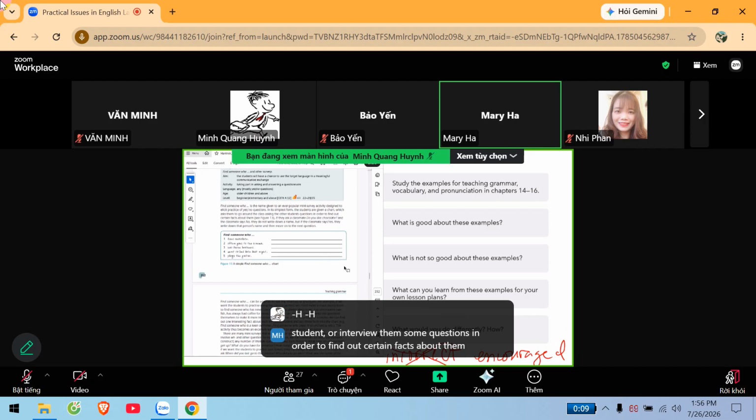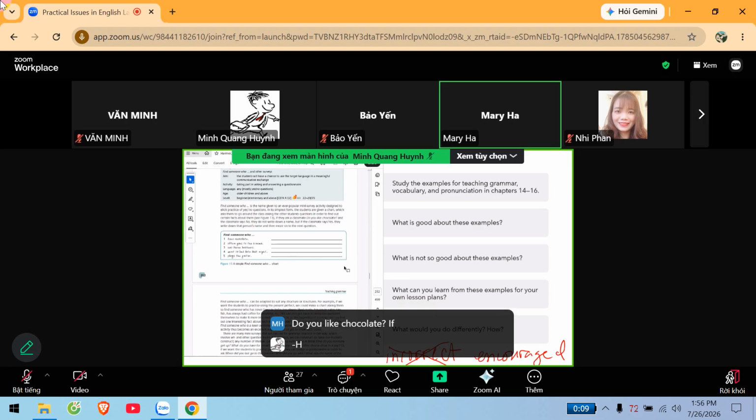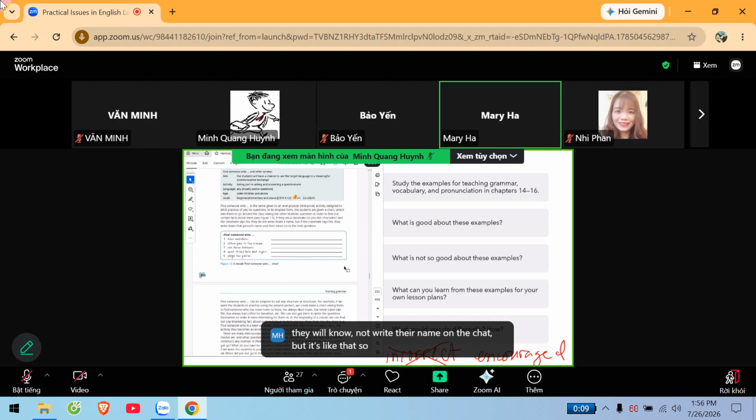Like if they ask a question, do you like chocolate? If another student says no, they do not write their name on the chart. But if they say yes, then the student will write their name.